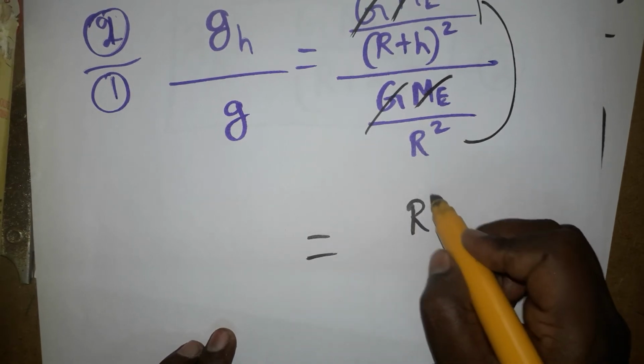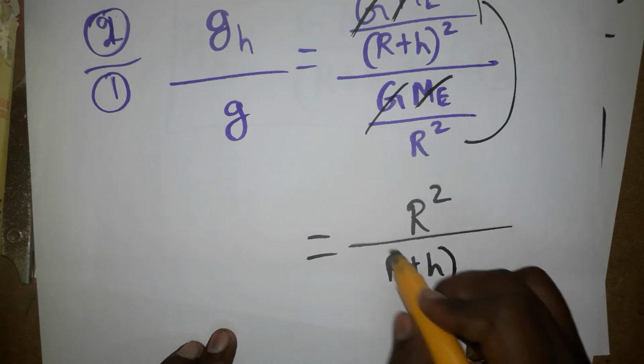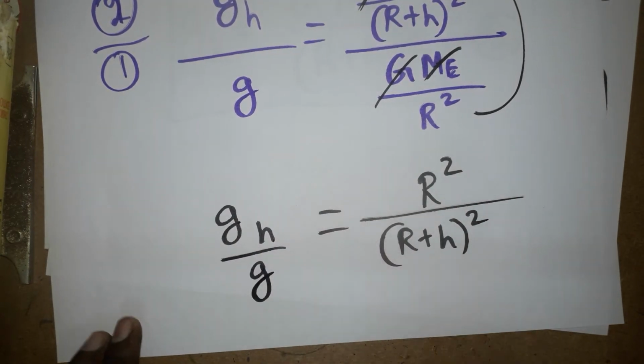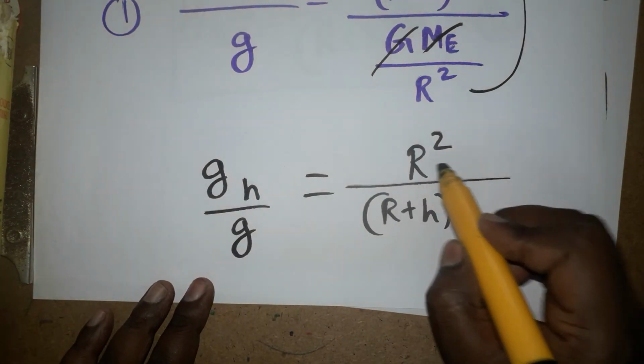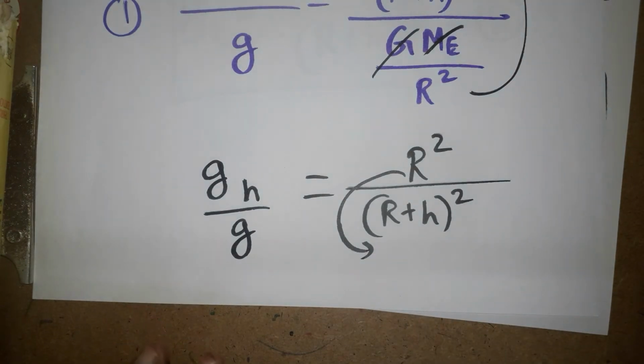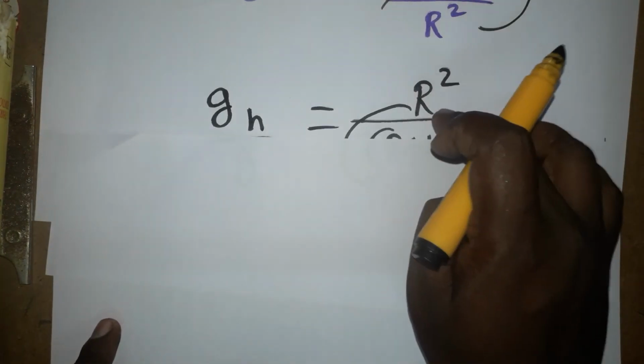So r squared divided by (r plus h) squared is equal to gh divided by g. Now I bring the numerator to the denominator, and you can take that as 1.